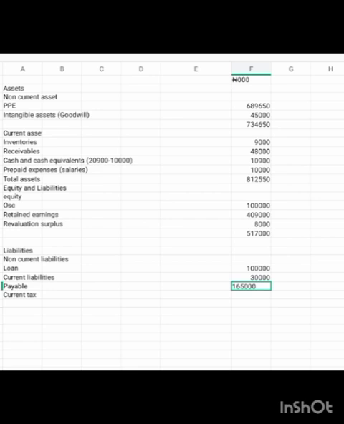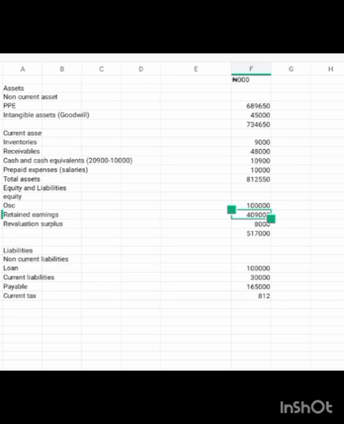So if we add everything together with the 517 we have here, we are going to have 812,550. Sorry, this one is 409. Do we get it? So we have come to the end of that.